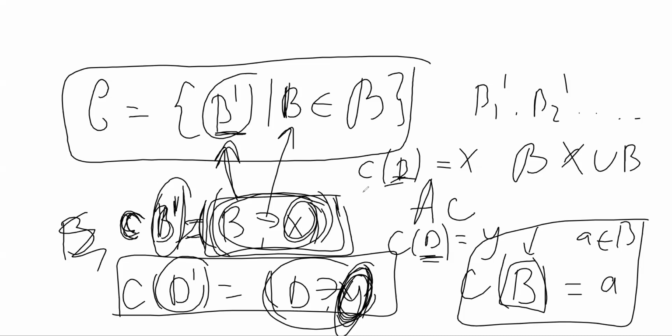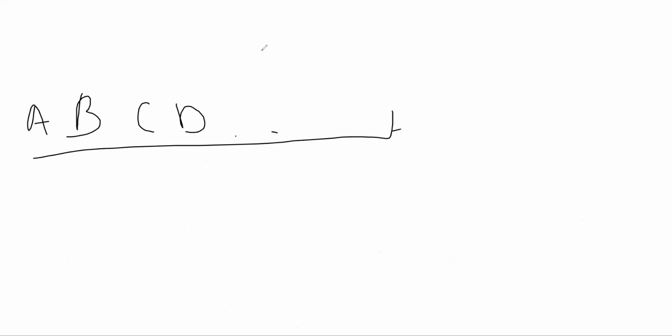Okay, so just to recap, if you didn't get the entire proof immediately, it's fine because the proof wasn't that easy. But what you have to realize is we did a very, very smart trick. We had a collection of sets like A, B, C, D, and they're not necessarily disjoint.